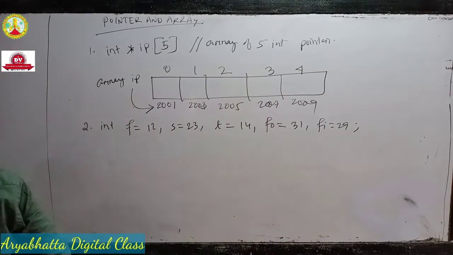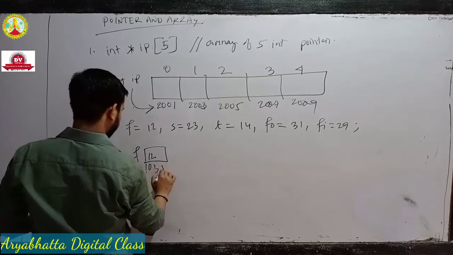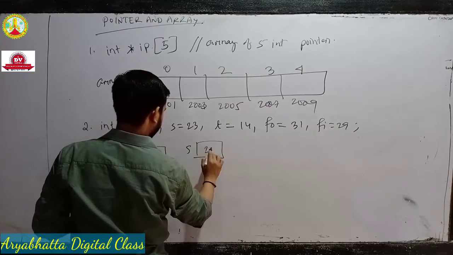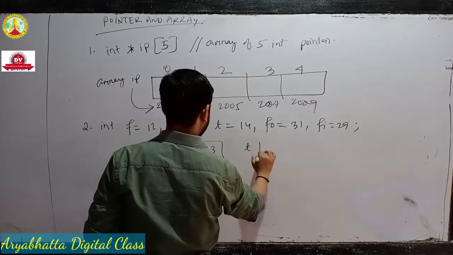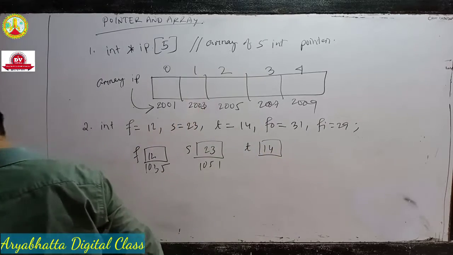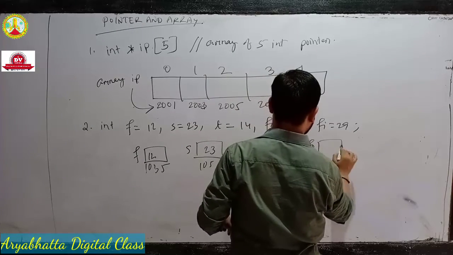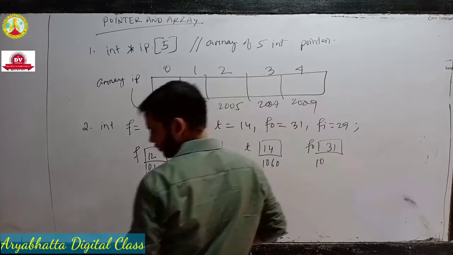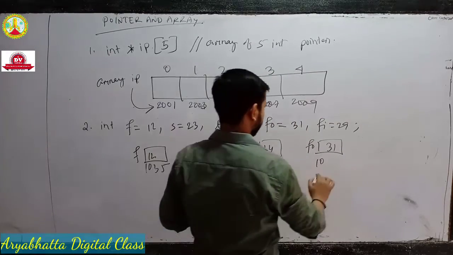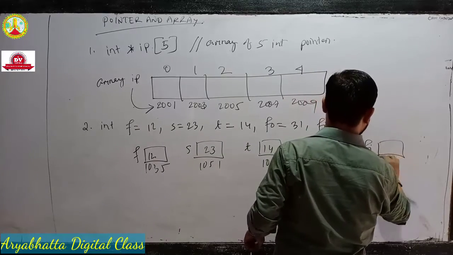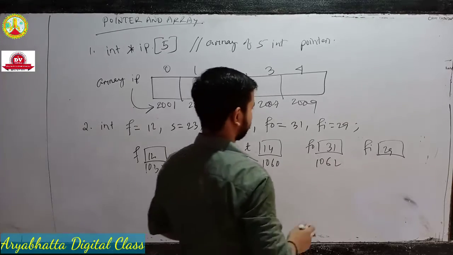Okay, means every variable has a unique memory address. I already told you, that was 1035, 1051, 1071.